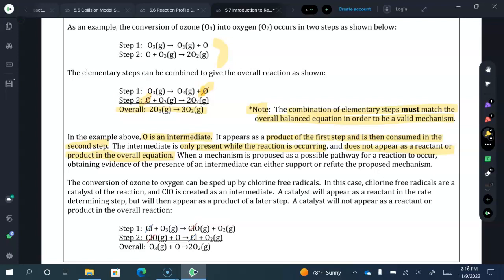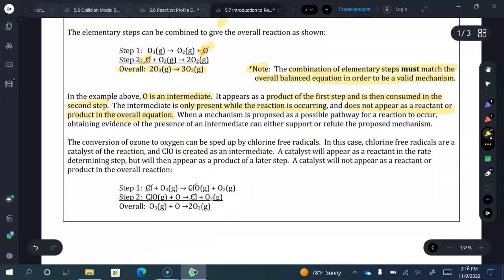Okay, so the conversion of ozone to oxygen can be sped up by chlorine free radicals. In this case, chlorine free radicals are considered a catalyst of the reaction, and the chlorine oxide molecule is created as an intermediate.